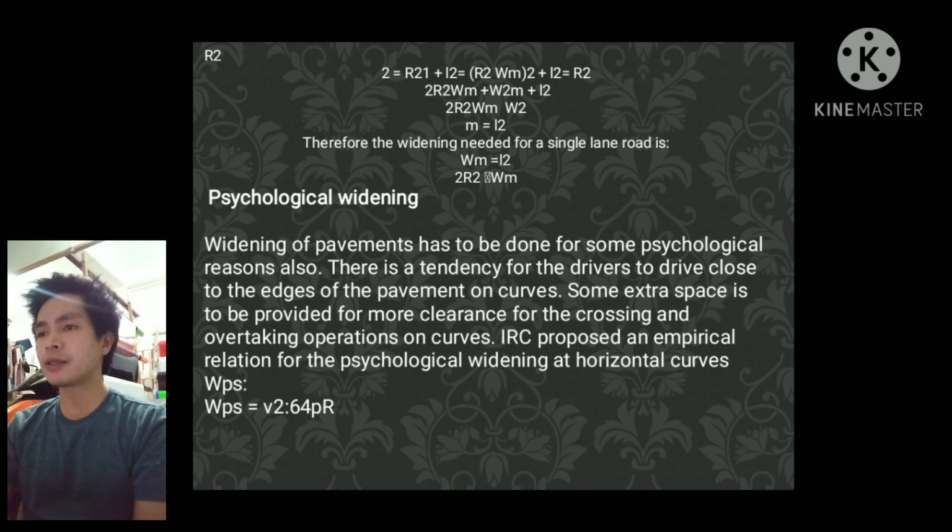Some extra space is provided for more clearance for the crossing and overtaking operations on curves. IRC proposed an empirical relation for the psychological widening at horizontal curves: Wps equals V by 2.64 square root of R.